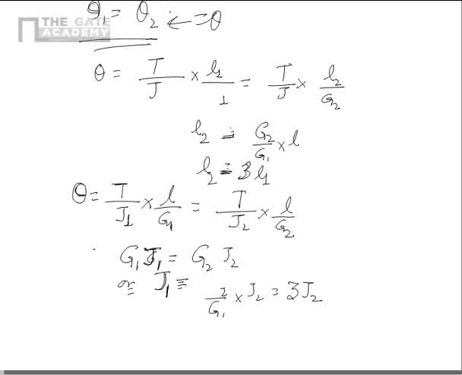I just need to check carefully whether it's coming correct. J1 is equal to G2 J2, so J1 is equal to G2 by G1 into J2.